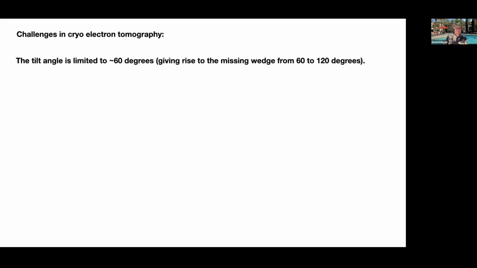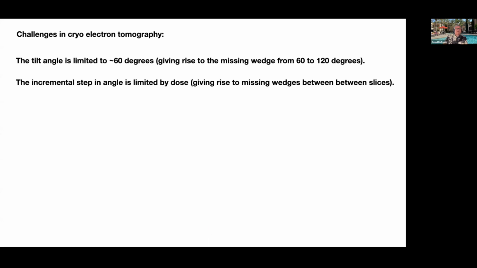Challenges to tomography. Well, the first obvious challenge is that you can't tilt by 180 degrees. You can tilt from -60 to +60, but you're missing a wedge of data in the Fourier transform from 60 to 120. It's called the missing wedge.